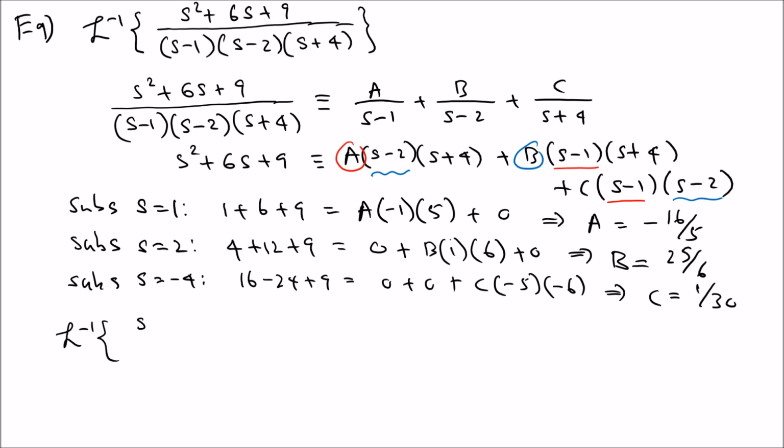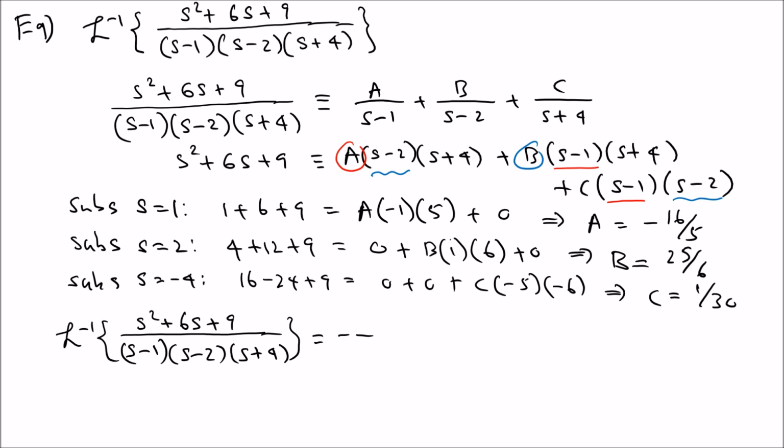We can write this quickly, and then s minus 1, s minus 2, s plus 4 equal, we're going to split everyone. So a is negative, so I'm going to write the constant out.